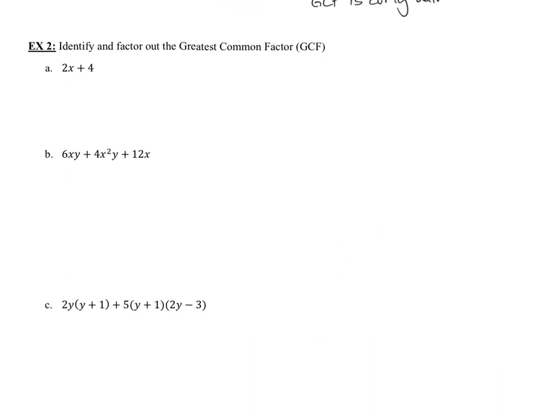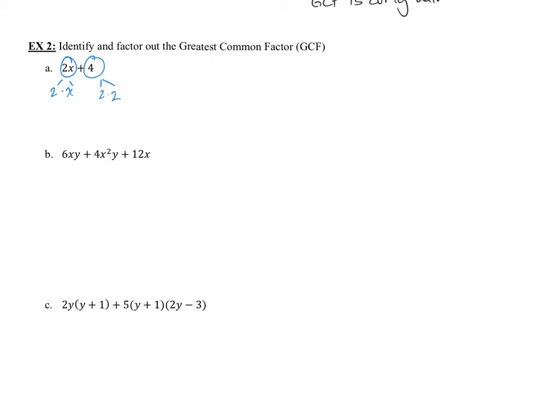So for example 2, we're going to identify and factor out the greatest common factor. We'll treat the 2x and the 4, the 2 different terms, as the siblings. First, we factor them, breaking them down into the smallest parts. The 2x is just 2 times x. The 4 can be simplified into 2 times 2.